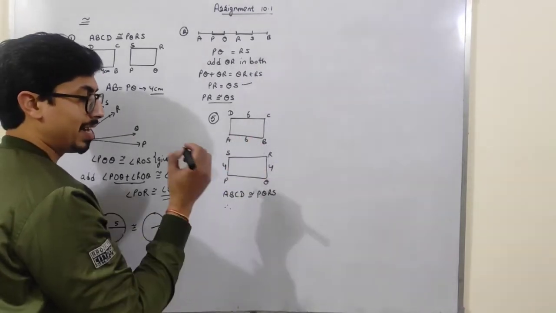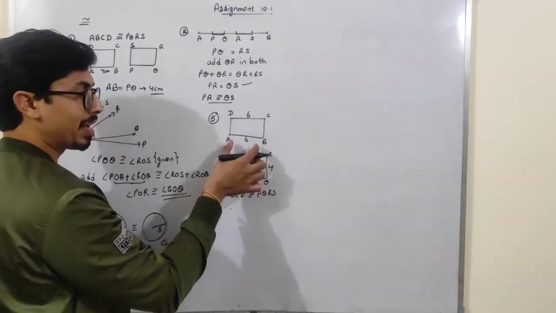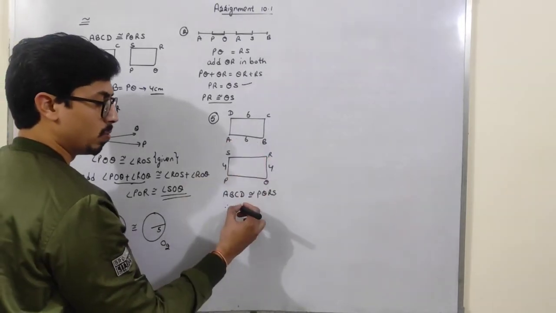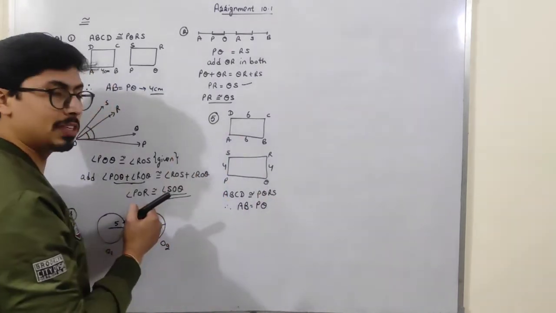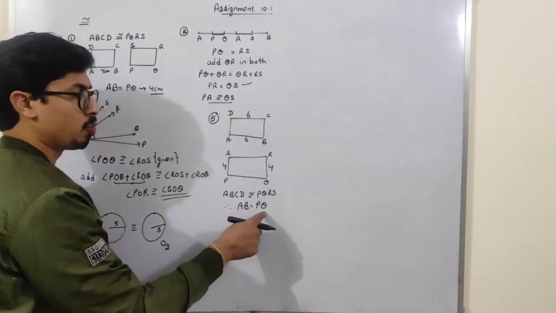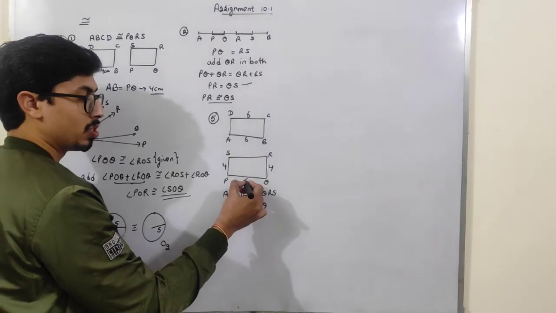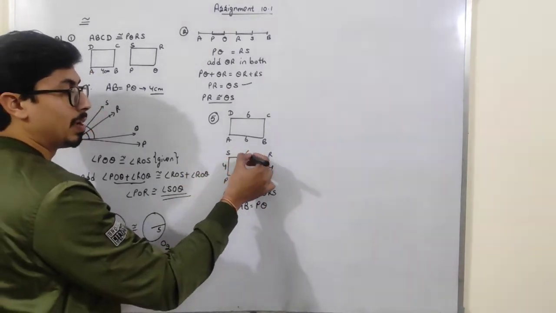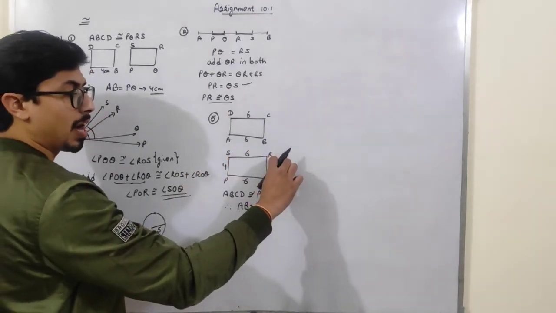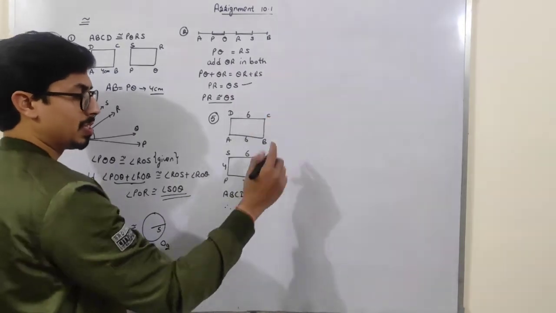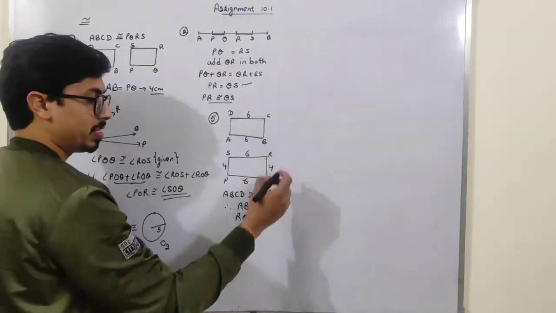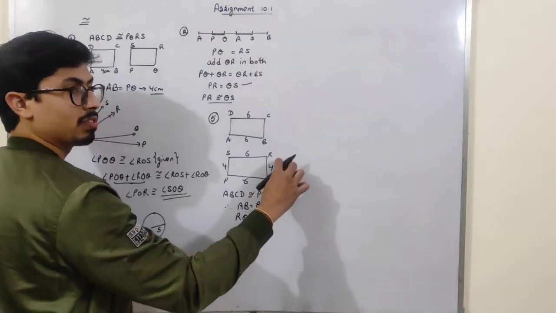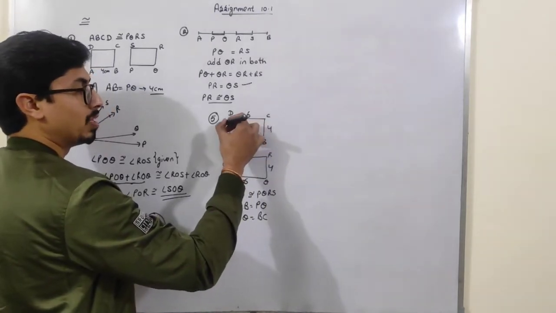So I can say that if these are congruent, AB is equal to PQ, because they will overlap each other. Now if AB is equal to PQ, this is 6, so this will be 6. And if this is 4, this will overlap this. So I can say that one more thing, RQ is equal to BC. So if this is 4, this will be 4 and this will be 4.